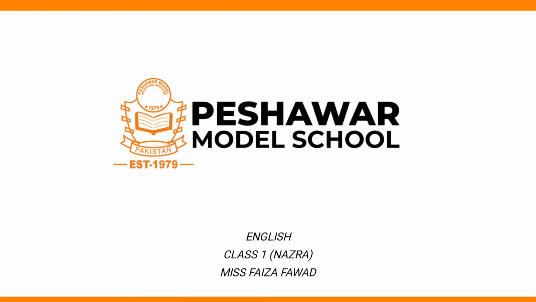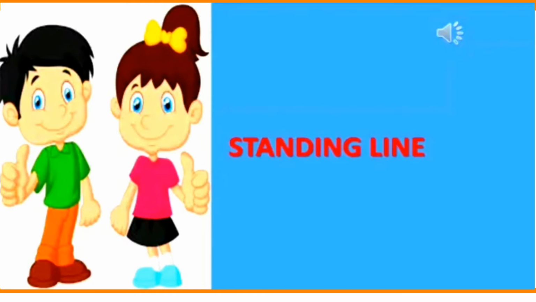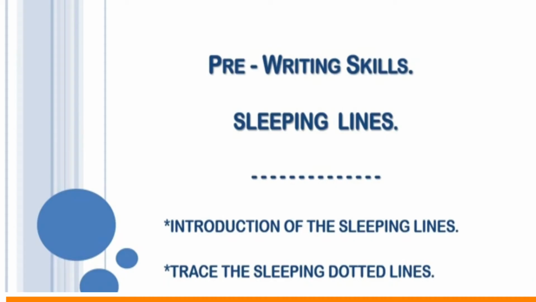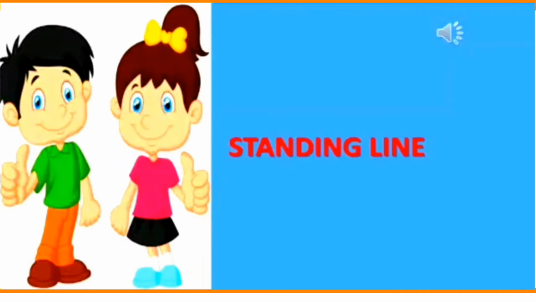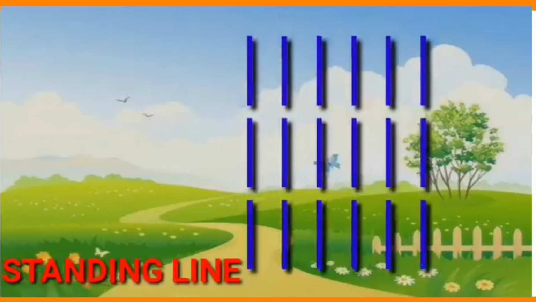Okay, so before going to our topic, first we will do a short practice on standing lines, sleeping lines, curved lines, and slanting lines. Let's do practice. Draw a standing line. This is a standing line.